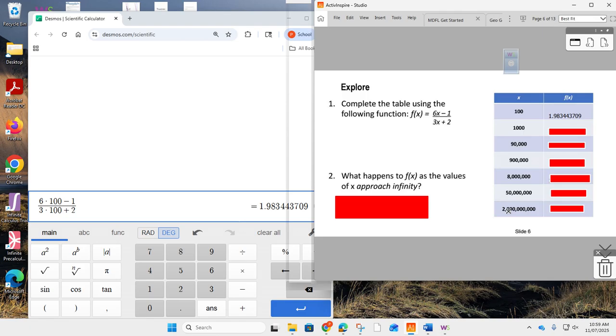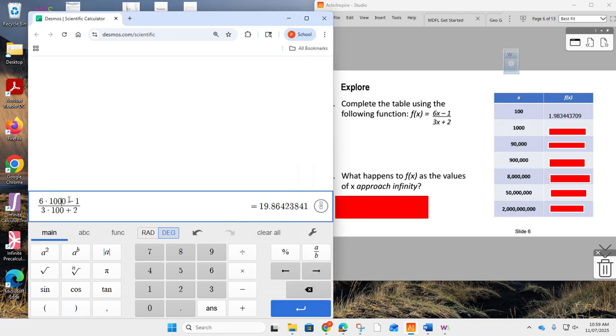Now let's change the input to 1,000. Just go over here and add yourself a 0 in both input spots. So as our x's get bigger, our f of x is getting bigger? Yep. Let's switch it to 90,000. Are they getting infinitely bigger?